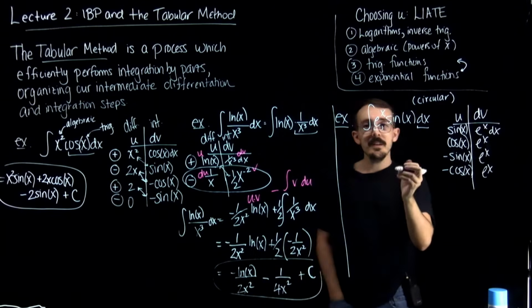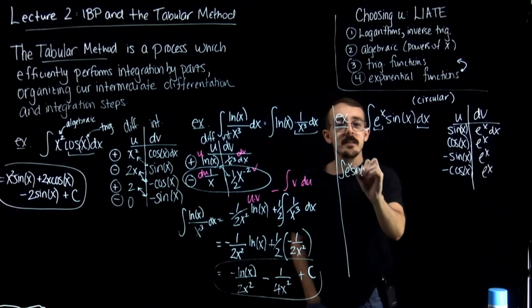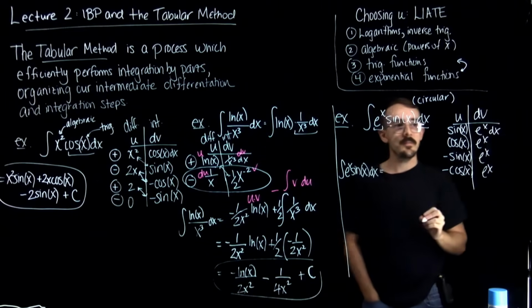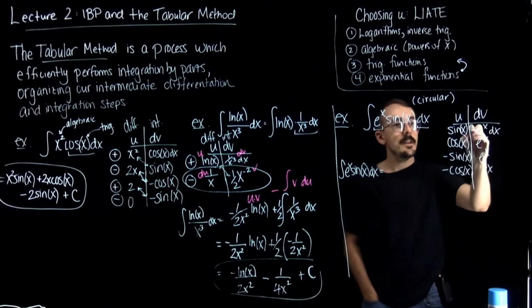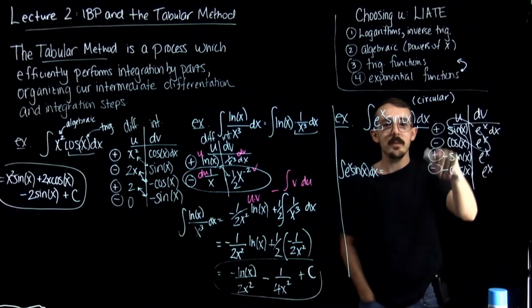Well, one thing to notice here is that the integral of e to the x sine of x dx is equal to, we can multiply the first diagonal together. Let me write my plus and minus symbols here. So I've got them all written out.